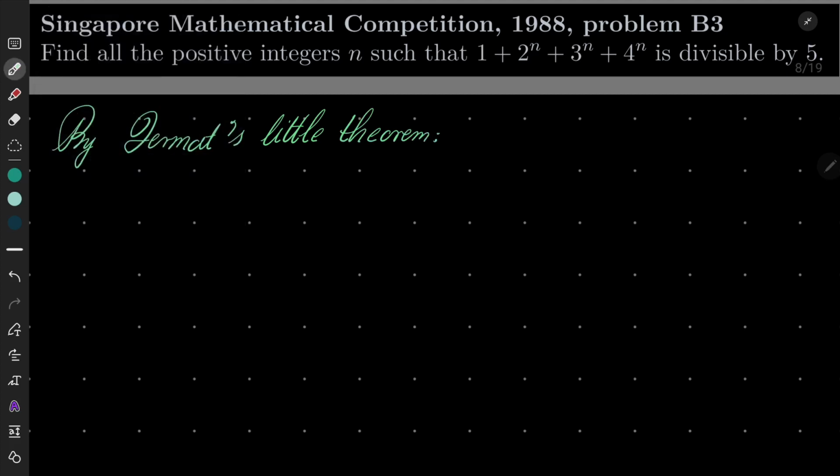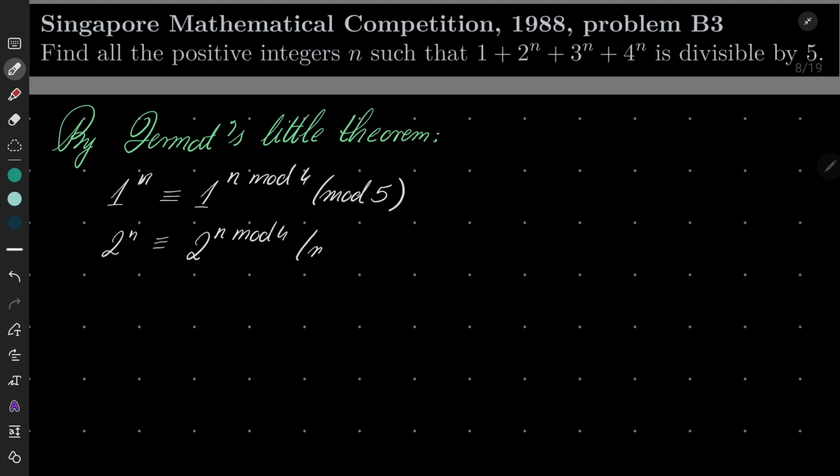We have the following: 1 to the power of n is congruent to 1 to the power of n modulo 4, modulo 5. 2 to the power of n, 2 is co-prime to 5, so this is congruent to 2 to the power of n mod 4, modulo 5. And similarly with 3 and 4.